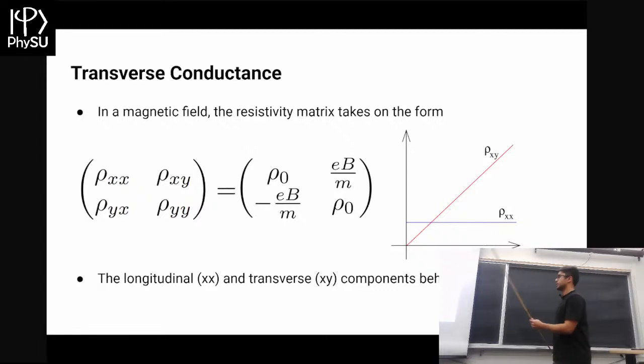Remember in the resistivity matrix, we had these 4 entries. It turns out that this rho xx and rho yy are going to be the values that we observe when we measure it in an experiment without any magnetic field, and rho xy and rho yx will be just 0. The way you can interpret these quantities is how the system reacts when you apply an electric field.